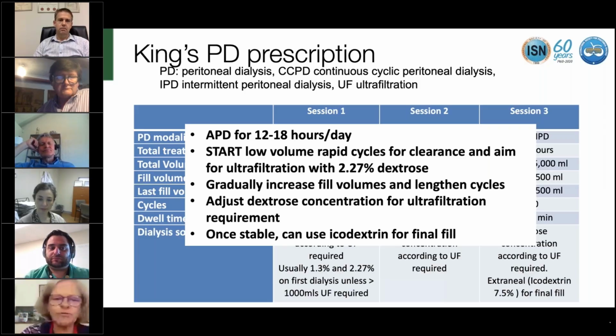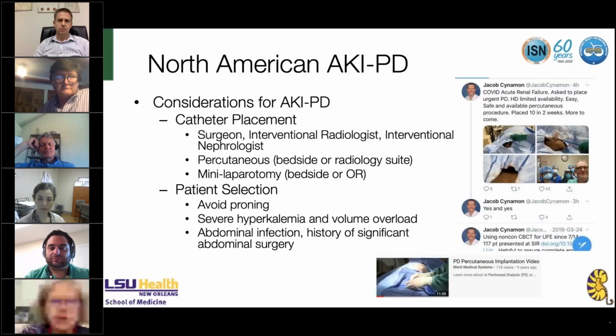We also heard from New Orleans, and again, they had started thinking about using PD for COVID-related AKI, and went through the different ways of inserting the catheter, selecting the patients to avoid people who needed proning, avoiding people who are really catabolic with severe hyperkalemia or volume overload, or people with abdominal surgery.